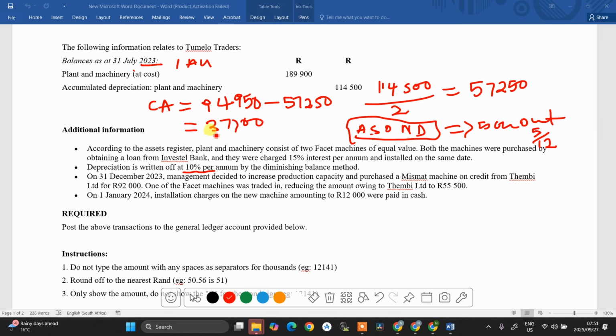Okay, so now that we have the carrying amount, what we are going to do is to get our depreciation. Okay, this is the depreciation for the year. 37700 multiplied by 10%. 10% is just 10 over 100. Okay, we are converting this to decimal, and then we multiply this by the fraction because it was only used for a portion of the year.